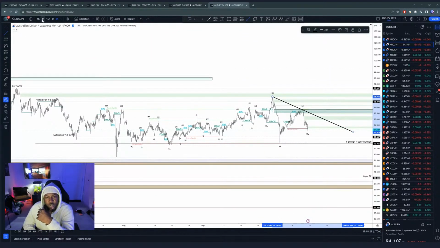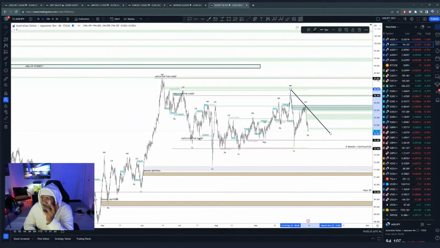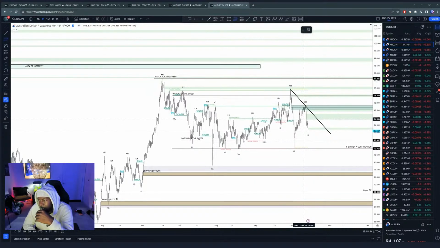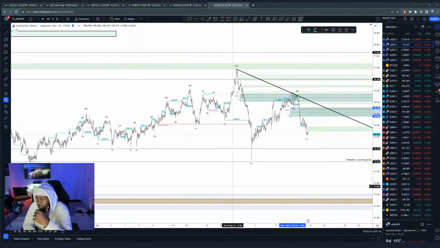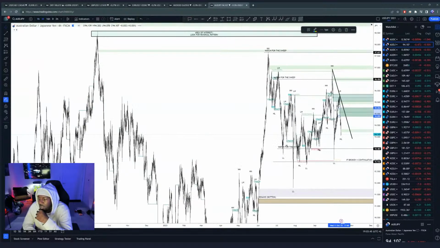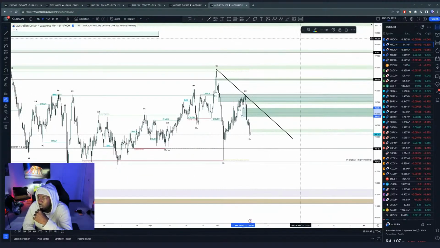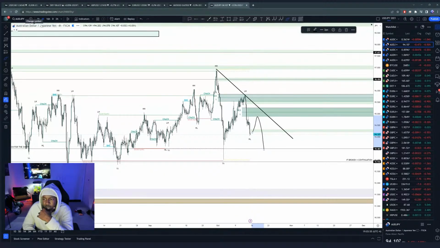I'm not seeing anywhere clear that looks premium that I would even want to take but this level. But it is a little bit deep on the retracement, which I wouldn't even generally expect price to retrace that deep. But it's the only level that looks good. So if we can get a retracement here to sweep this high, then I would be looking for the continuation down on IJPY.